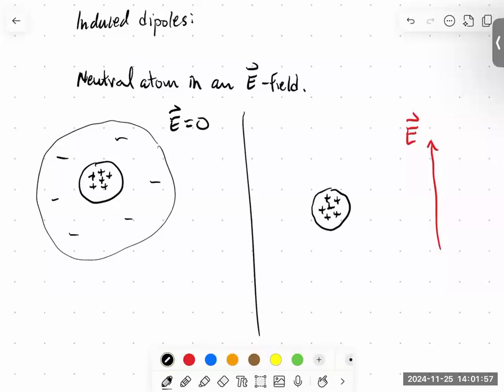It'll also exert forces on the nucleus, but the nucleus is typically very heavy compared to the electrons, and so most of the displacement is due to displacement of the electrons. And so you end up getting this kind of distortion of the electron cloud, where we're going to have a higher probability of finding charges displaced in the direction opposite of the electric field.